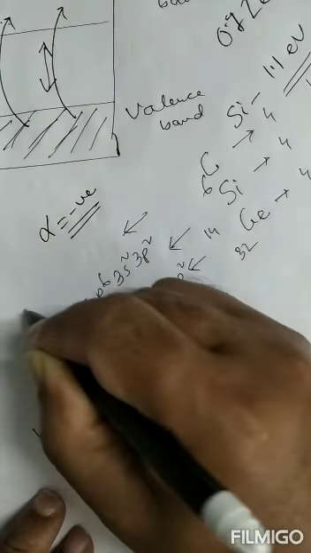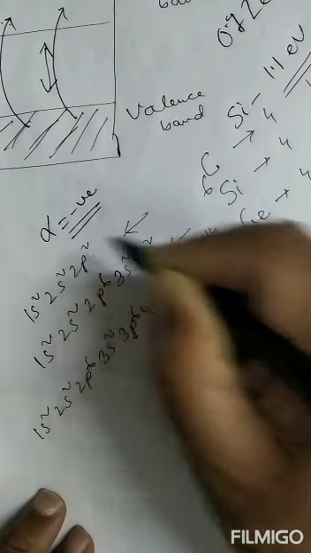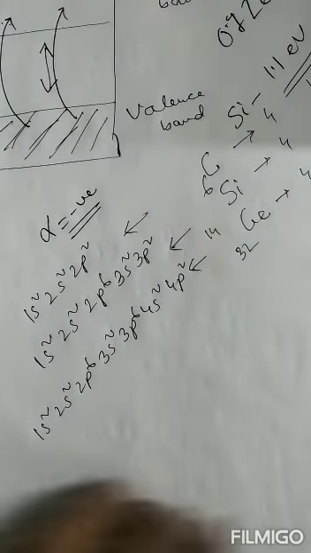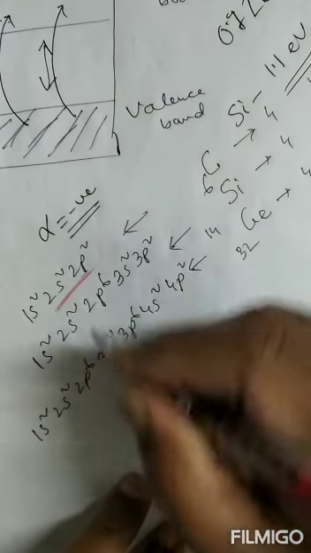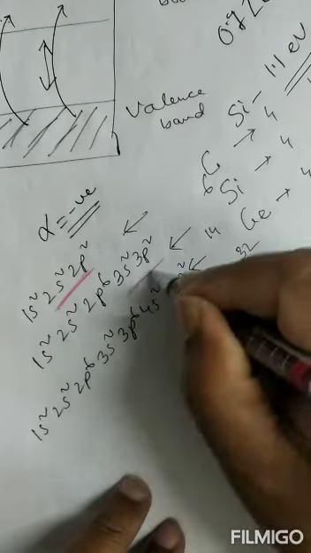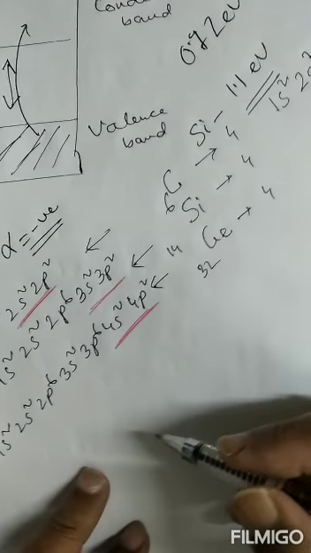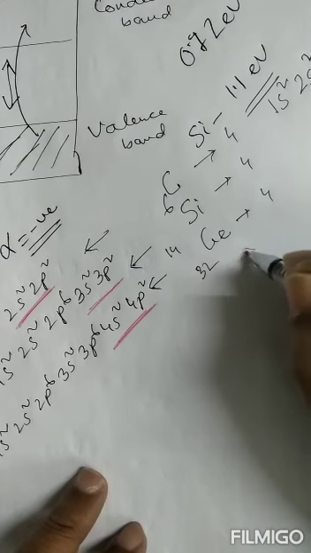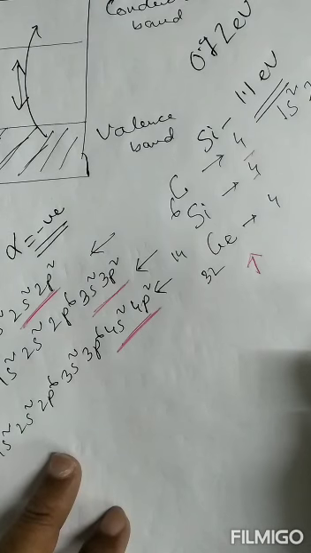Carbon, I am writing once more: 1s2, 2s2, 2p2. So this is the outermost shell, this is the outermost shell, this is the outermost shell. That means in the fourth group of the periodic table, they have 4 valence electrons in the outermost shell, and they are called semiconductor elements.